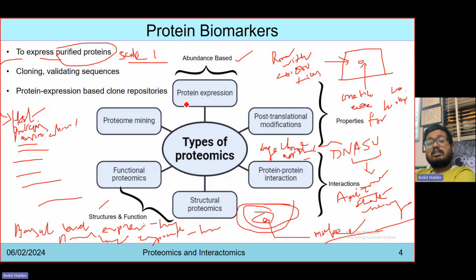So these are expression clones with verified sequences of those particular genes.